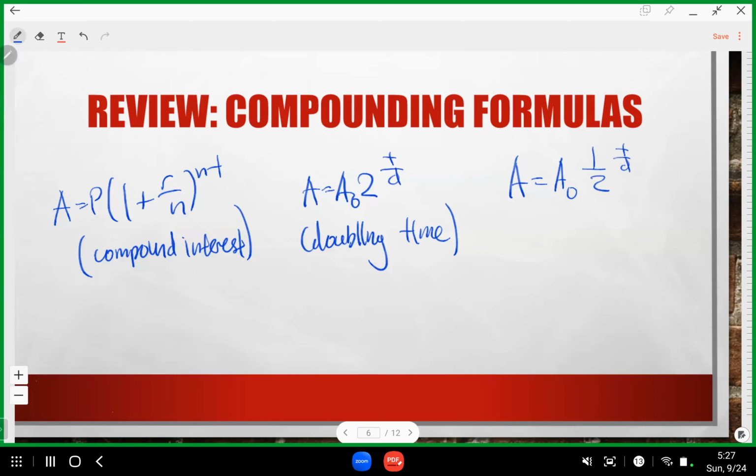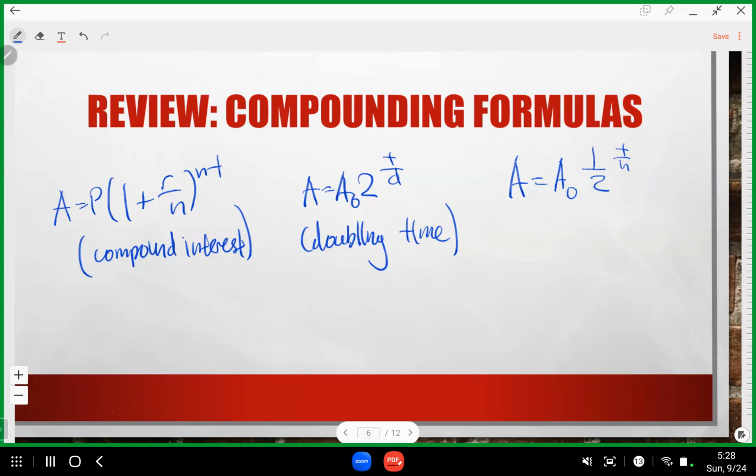You take the overall time that you're looking at, and then, actually not T over D. I think the variable I used last time was H, and that makes a bit more sense. It's half-life time. You take the overall time and you divide it by the half-life time.